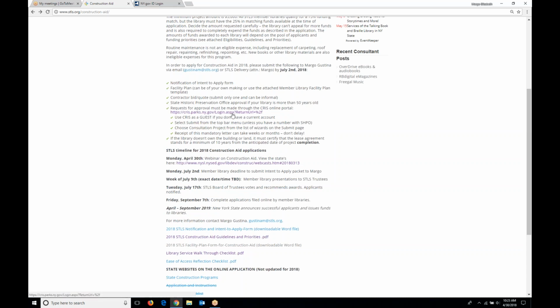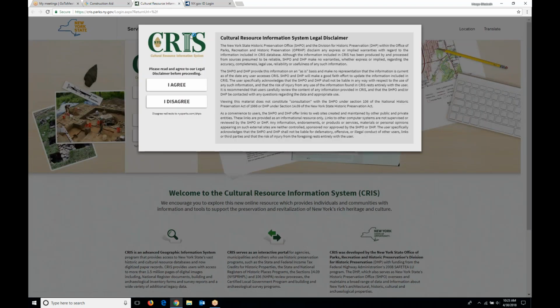The link to CRIS, which is the SHPO online portal for applying for State Historic Preservation Office approval for your project, is right here. It's the Cultural Resource Information System. All cultural resources, and that includes everything in the built environment, like your buildings, must come through here.